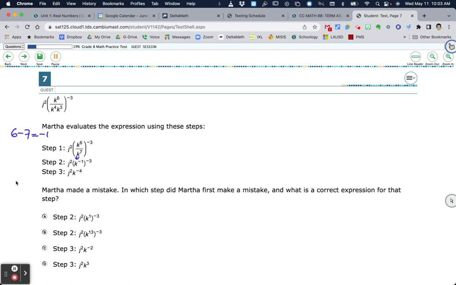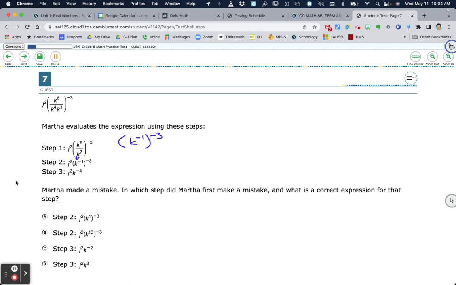So that means step 3 is the one that's incorrect. You shouldn't get j to the 2nd times k to the negative 4. That's wrong. Let's figure out which one is correct out of these two choices. So we have k to the negative 1 times k to the negative 3. Okay? We're taking a power and we're raising it to a power. What do we do mathematically with the negative 1 and the negative 3 when we do that?